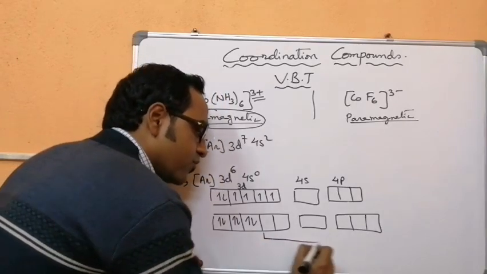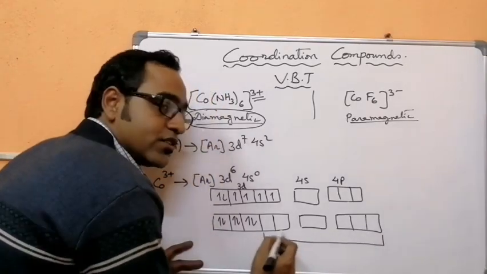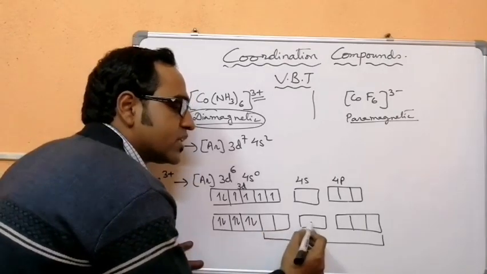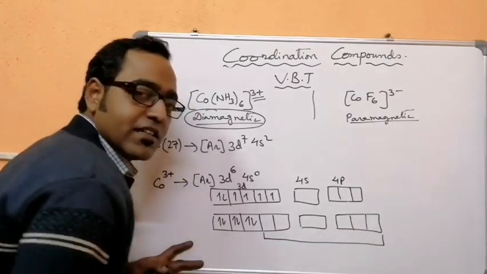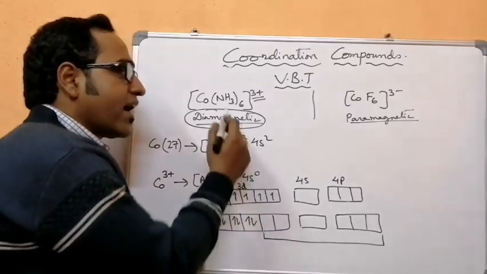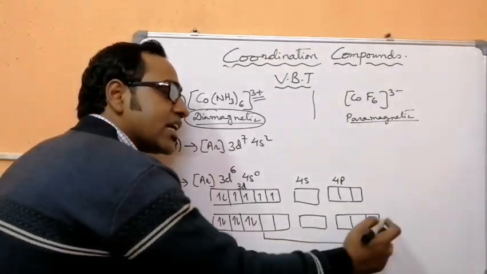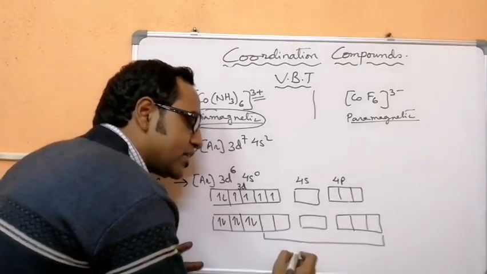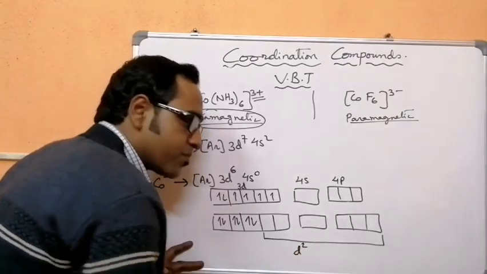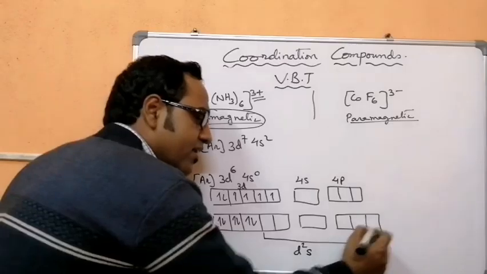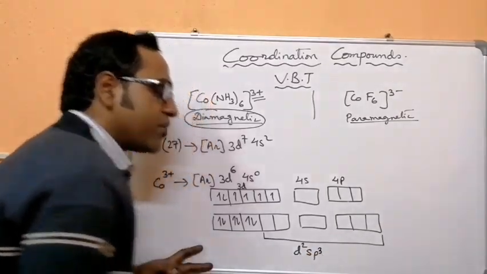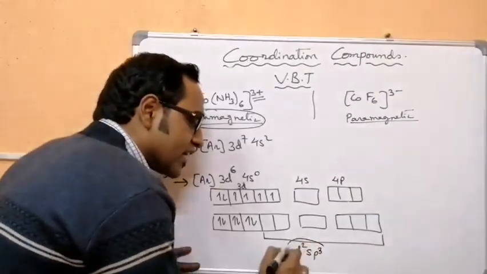Now we have 6 empty orbitals and 6 ligands, so the 6 ligands will donate electrons into 6 empty orbitals: two d orbitals, one s and three p. So the hybridization becomes d2sp3.